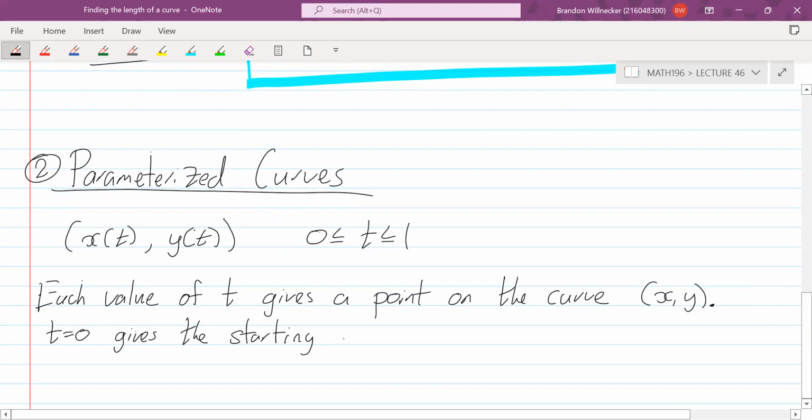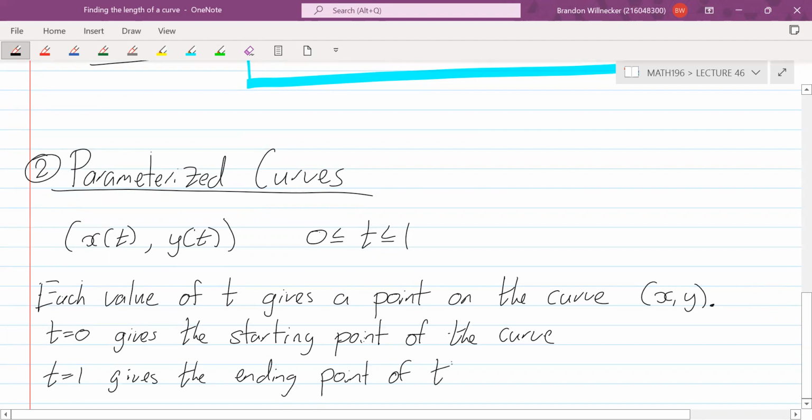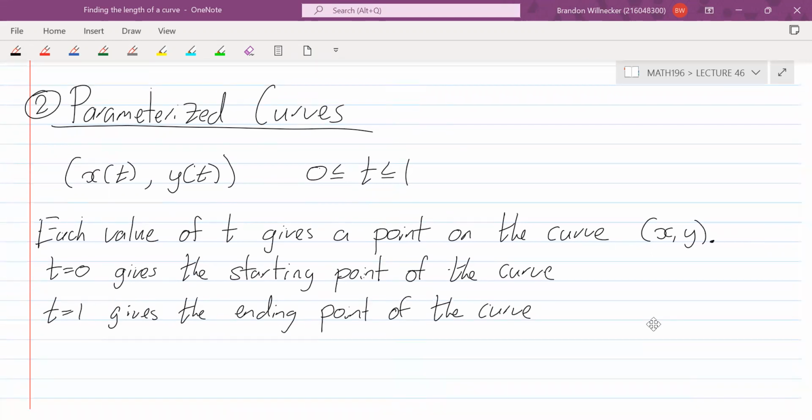So it gives the starting point of the curve. When t equals 1, that gives the ending point of the curve. And any other value of t will give some point in between.